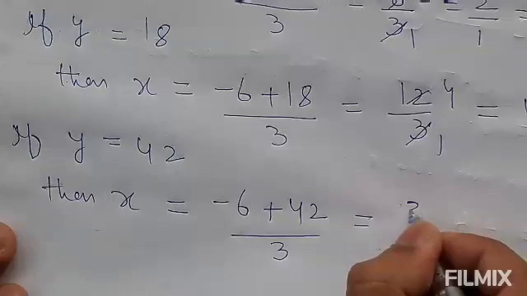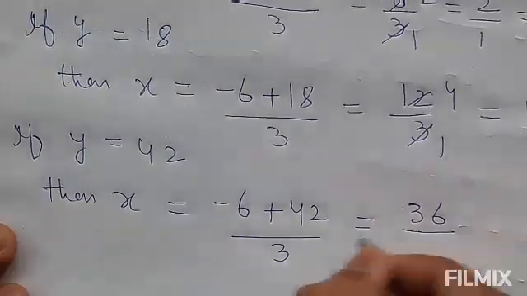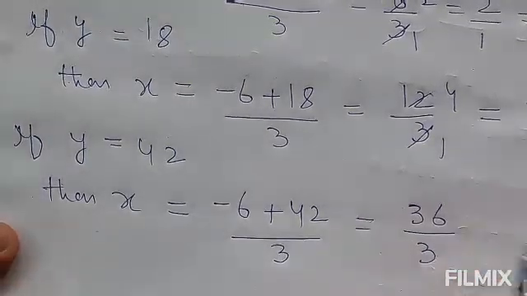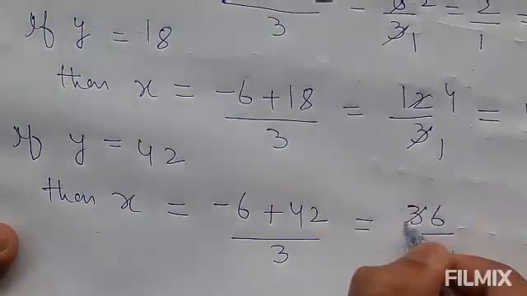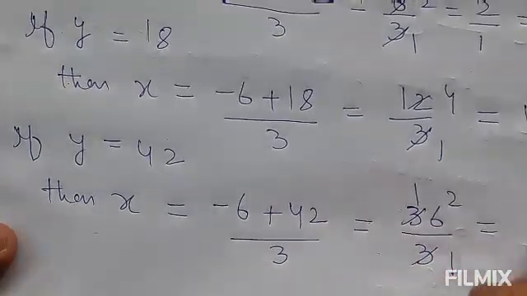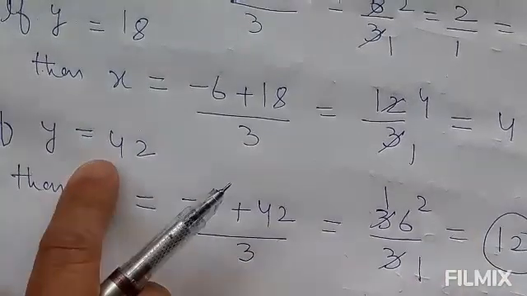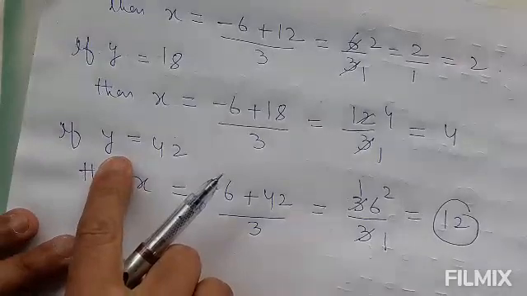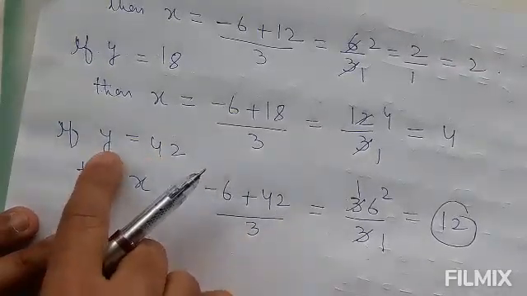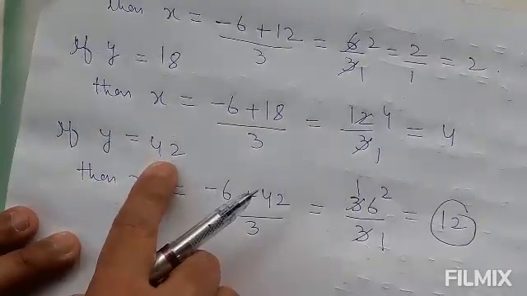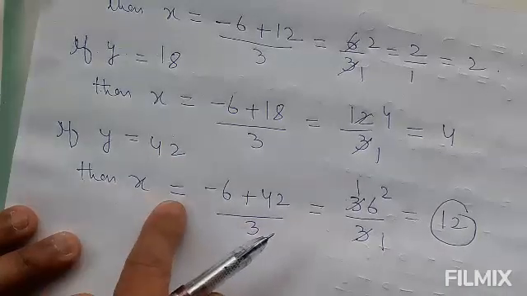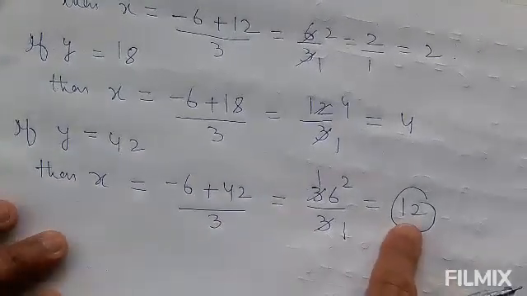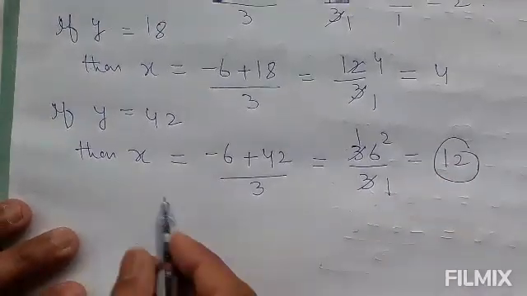It will be 36 divided by 3. 3 ones are 3, 3 twos are 6, it's 12. Do you follow me? So if we put the value of y equal to 42, then the value of x becomes 12.